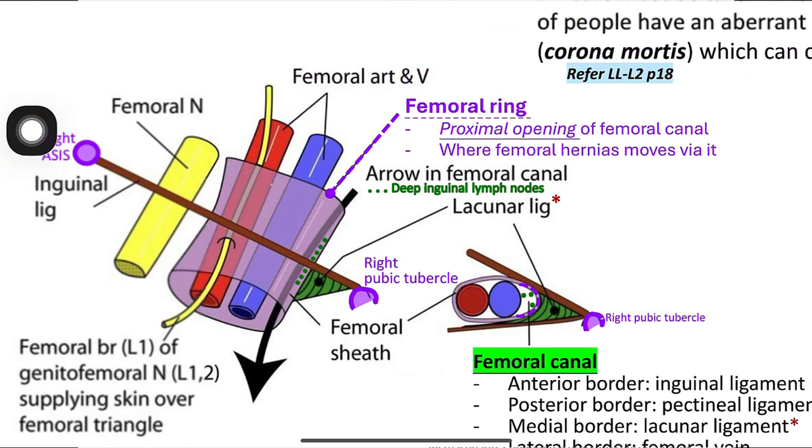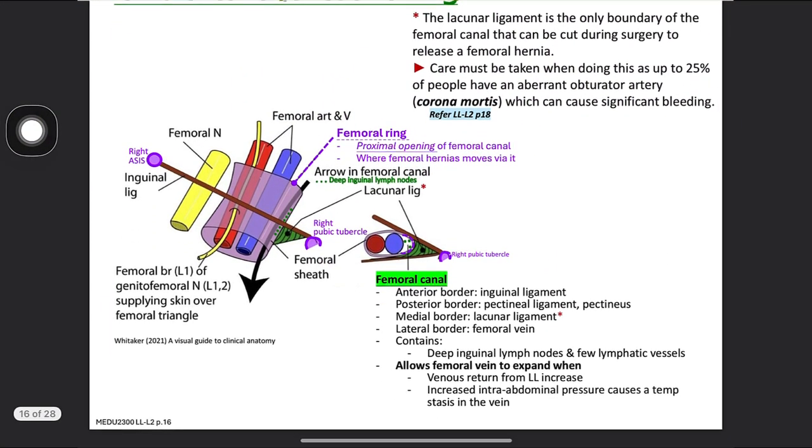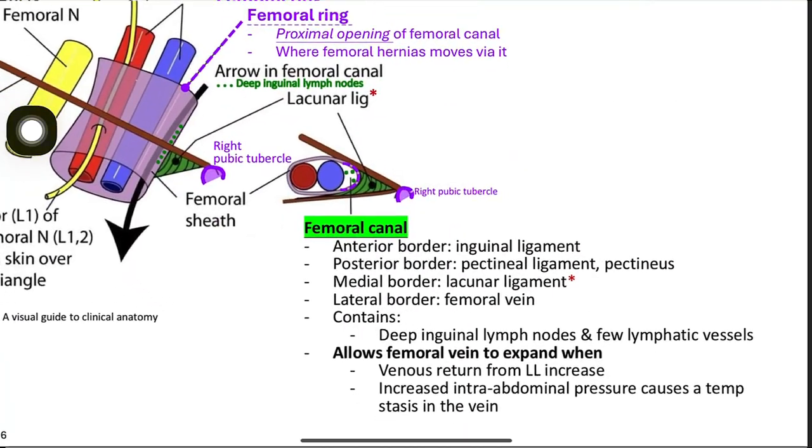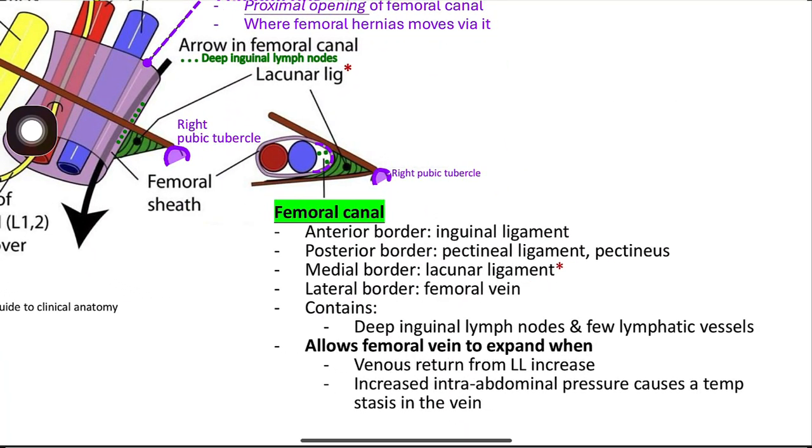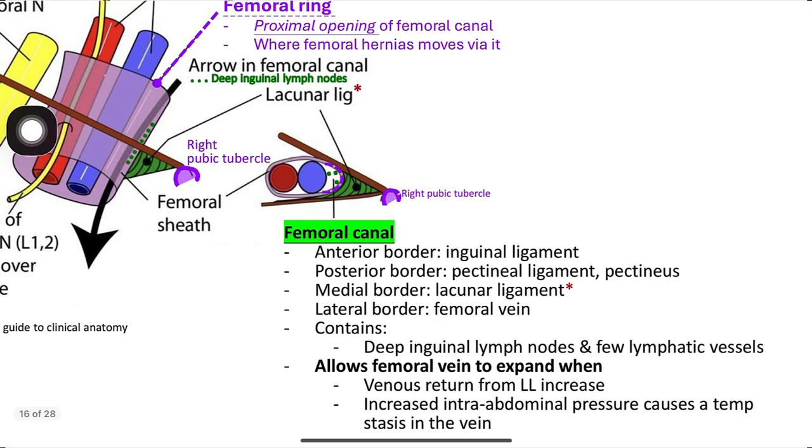So this femoral canal contains the deep inguinal lymph nodes and a few lymphatic vessels. It is important. Remember, if you have to move your body to whatever positions, your veins might have to expand a little bit, or the arteries might have to expand a little bit to accommodate, right? To accommodate, particularly for the venous return from the lower limbs when it is needed.